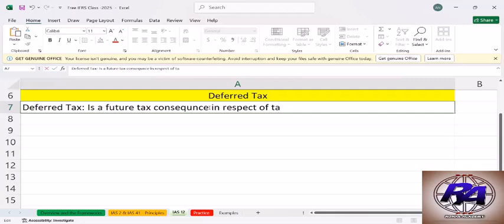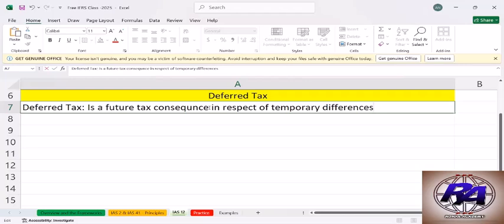Or instead of taxable differences, let's make it temporary differences, because taxable differences would be specific. So we call it temporary differences, right? So when we talk about deferred tax, it is a future tax consequence in respect of temporary differences.